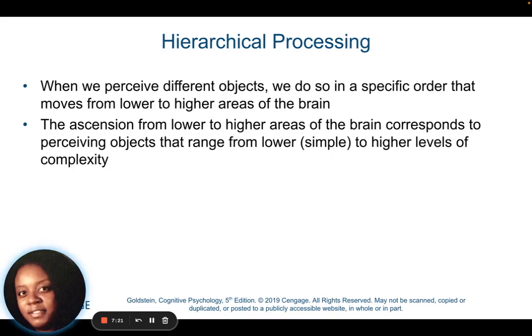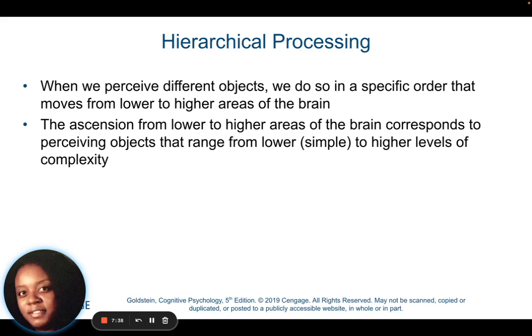There's also this idea of hierarchical processing. This is the idea that when we perceive different objects, we do so in a specific order that moves from lower areas of the brain to higher areas of the brain.